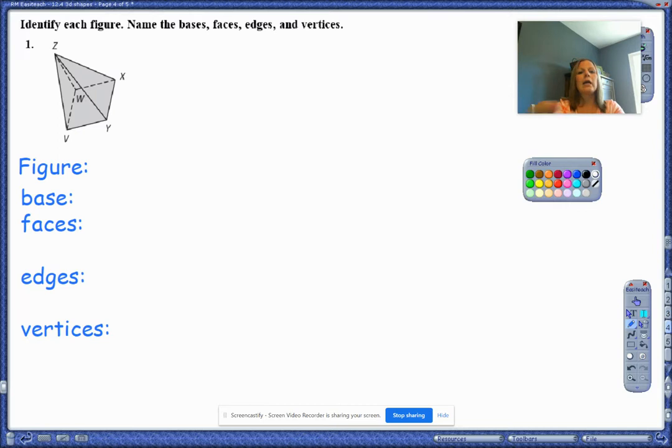So here, first off, what is this figure? It is a rectangular pyramid.